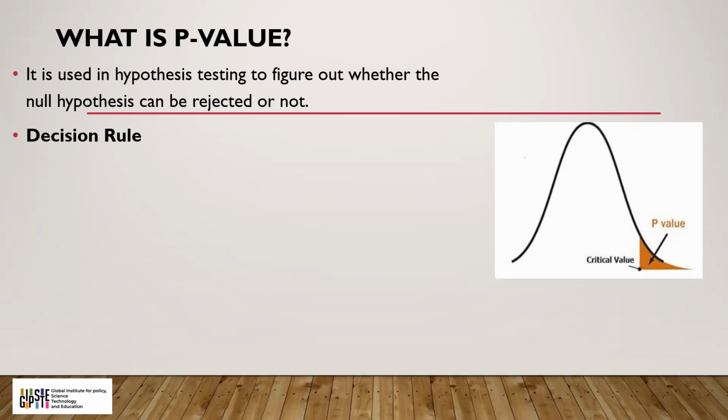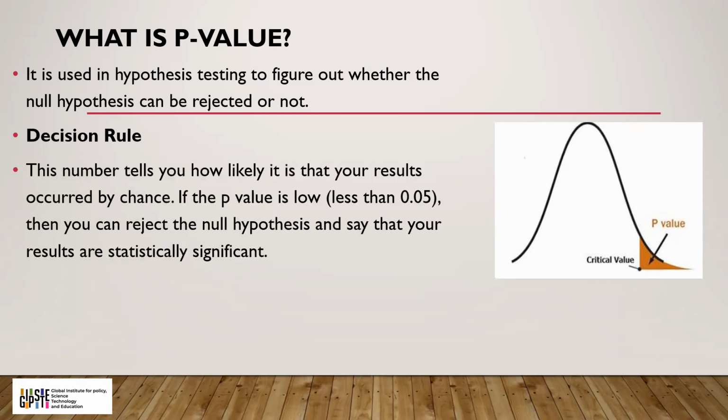So the decision rule for the p-value states that this number tells you how likely it is that your results occur by chance. If the p-value is low, that is less than 0.05, then you can reject the null hypothesis and say that your results are statistically significant.